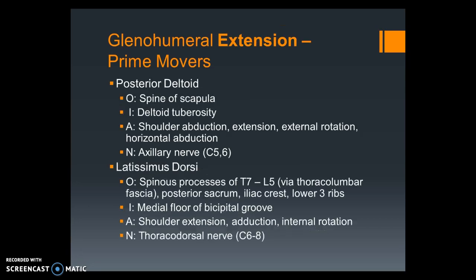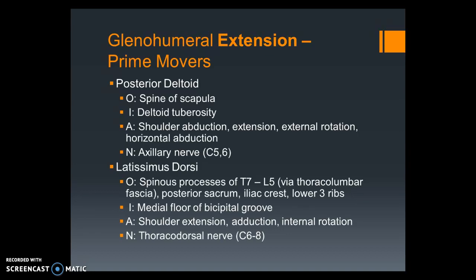So in glenohumeral extension, you've got your posterior deltoid that originates on the spine of the scapula, inserts on the deltoid tuberosity. It performs shoulder abduction, extension, external rotation, and horizontal abduction. It is innervated by the axillary nerve.